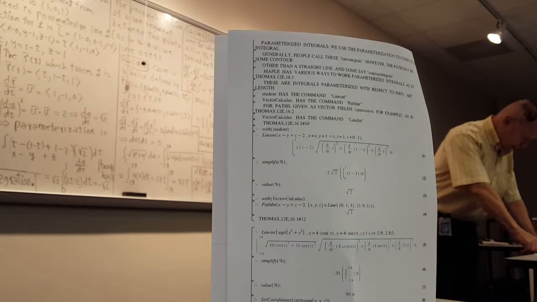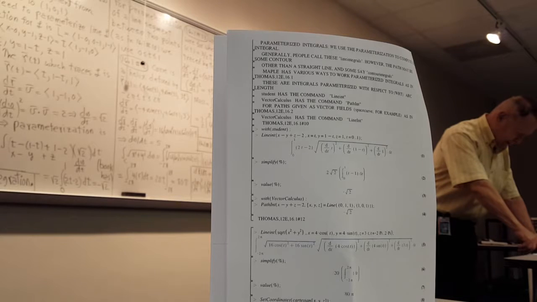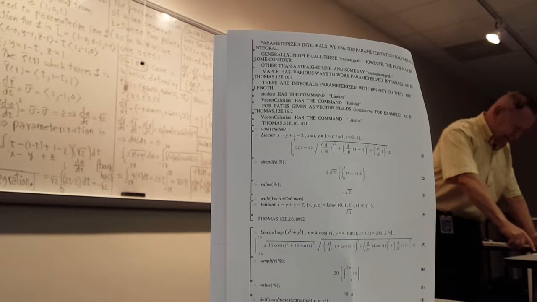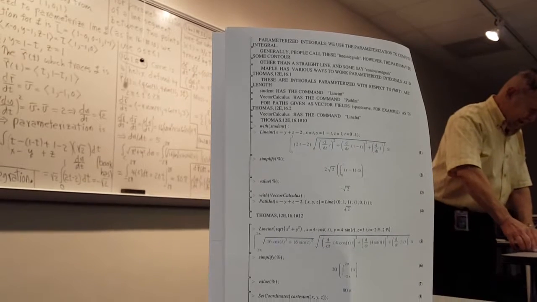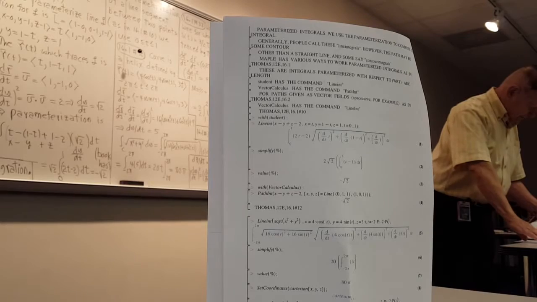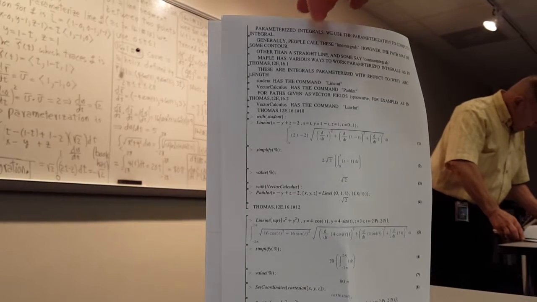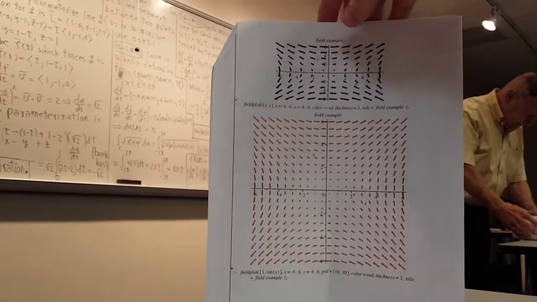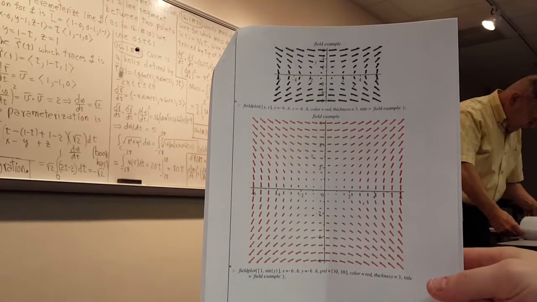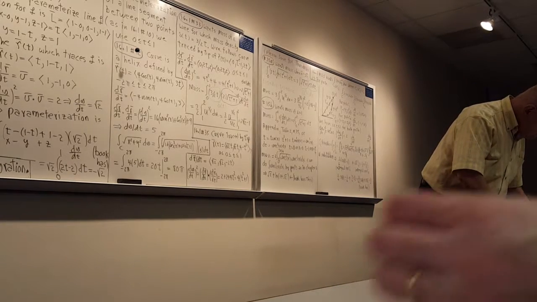Then if you wanted to do it with PathInt, you do set coordinates and the path like that, and then what I was saying, I got this next sheet of paper backwards. Maybe something is missing there.